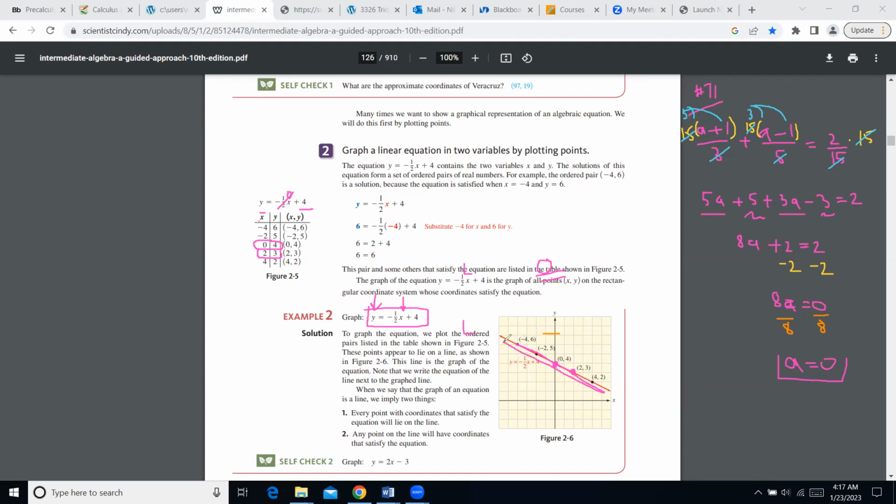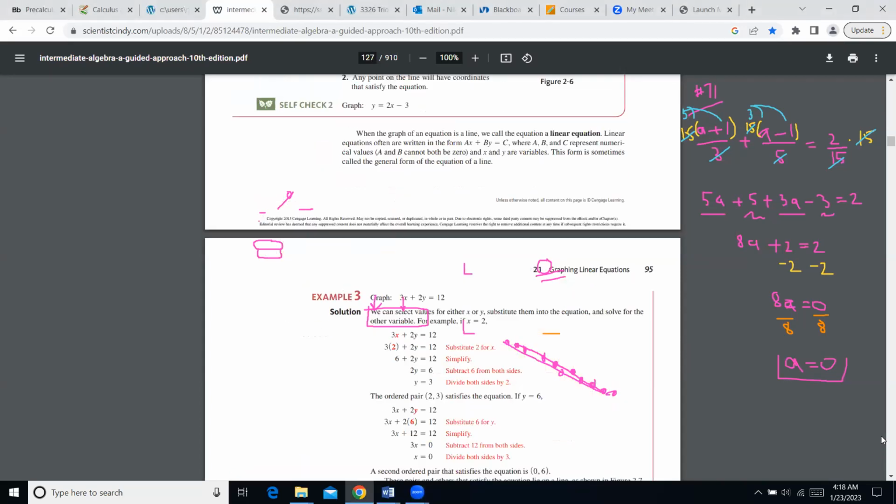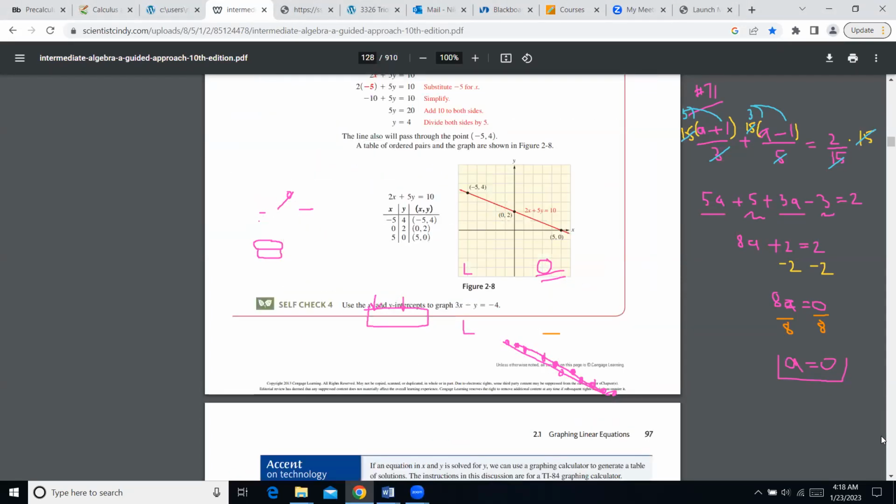If you want to calculate more and more points, you can definitely do this, but it's going to be a waste of time for us, because if you already have 2 different points, it's just enough to get the picture of your line.